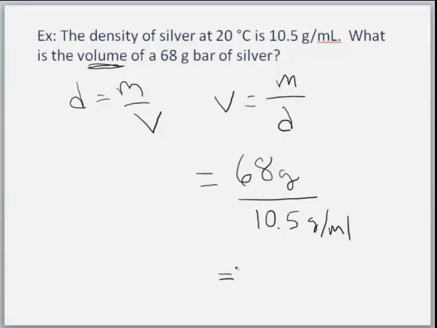We'll do the math there, 68 divided by 10.5, and we get 6.5. And our unit left over after we cancel is milliliters, and that would make sense because we're looking for volume.